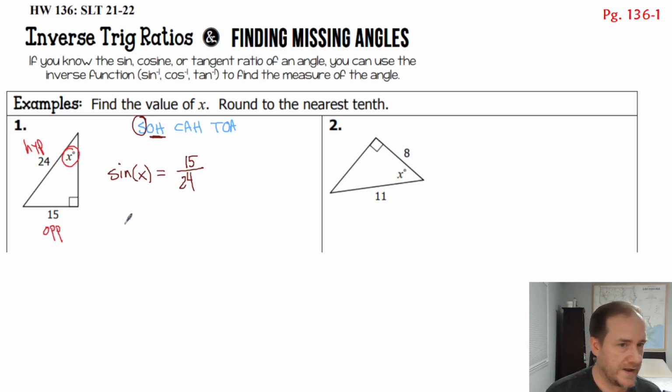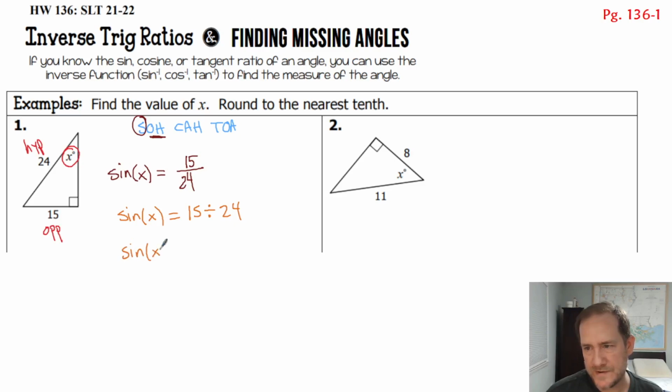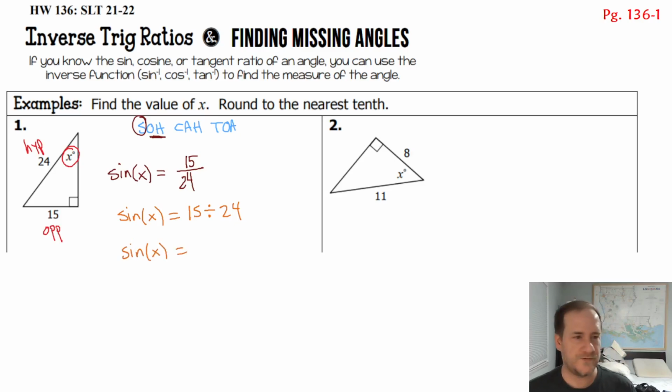If you only have the calculators that I'm lending you, the ones that don't do sine, cosine, and tangent, then I would figure out what 15 over 24 is as a decimal. 15 over 24 means 15 divided by 24, so you can type that into your calculator, even if it's one of the basic ones, like this.